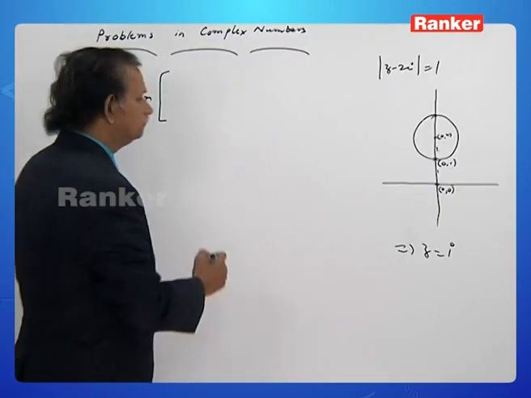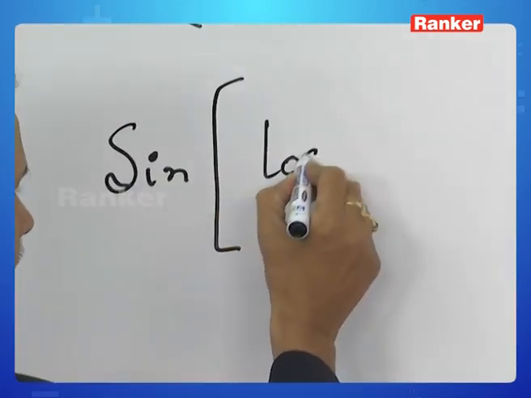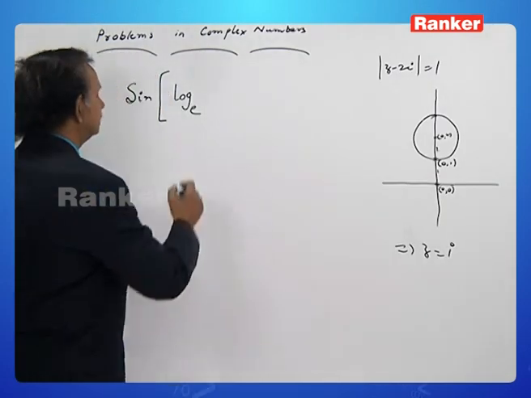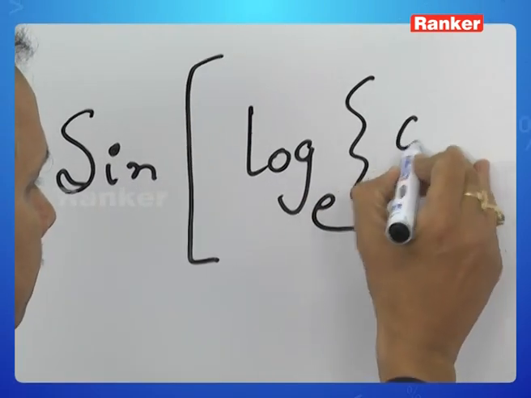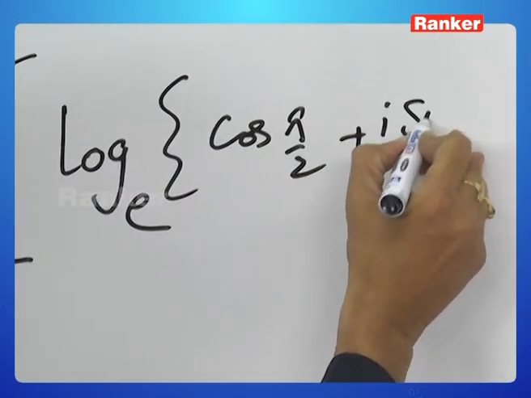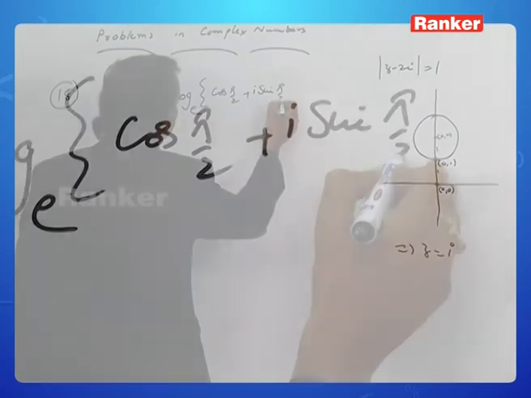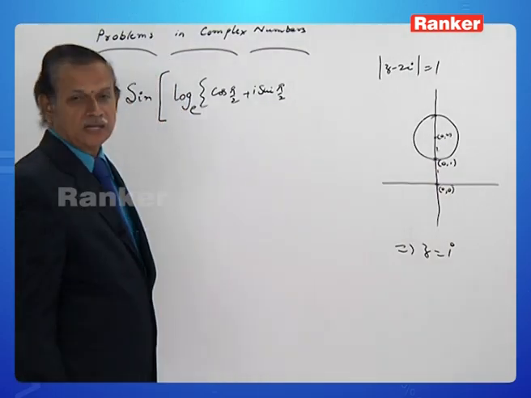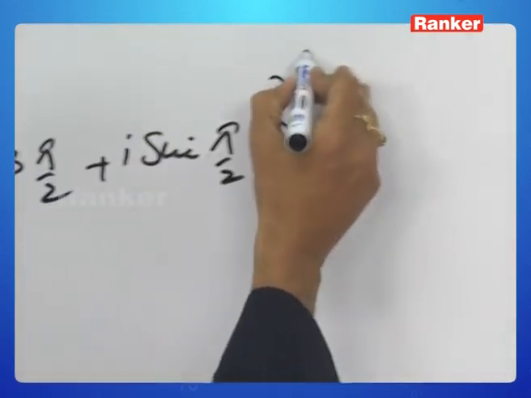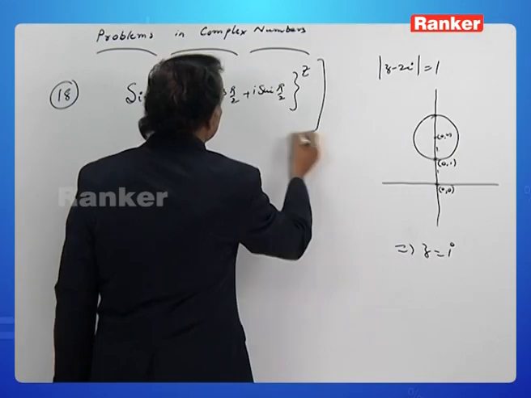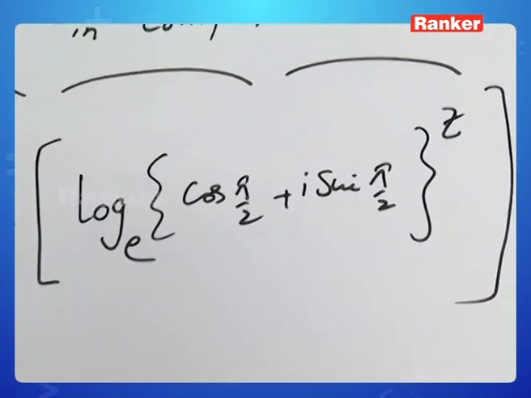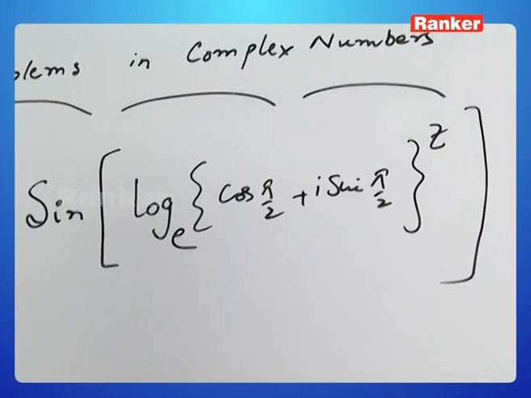Sine of log to the base e of (cos pi by 2 plus i sin pi by 2) whole power z. That is the expression given.